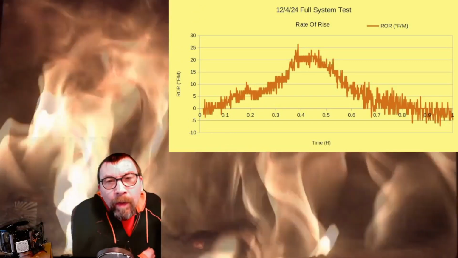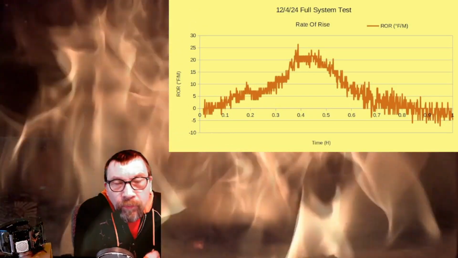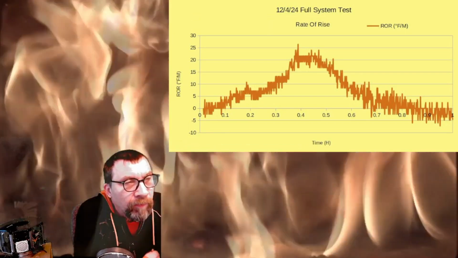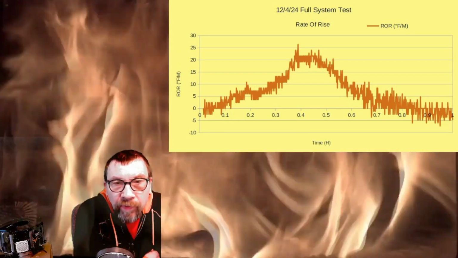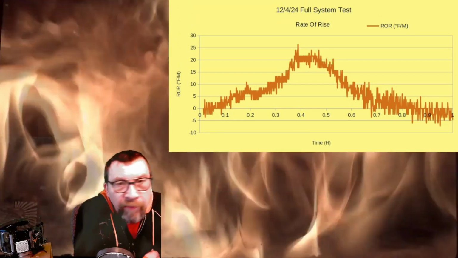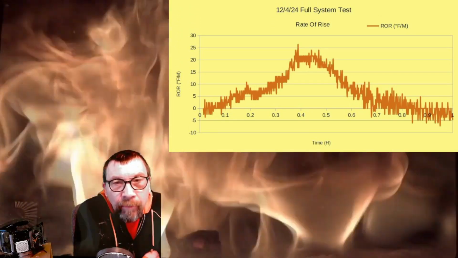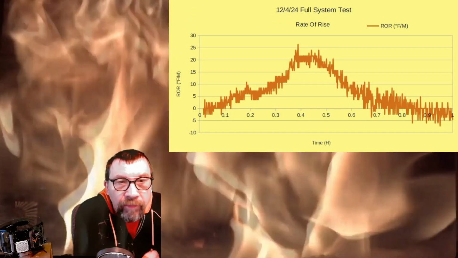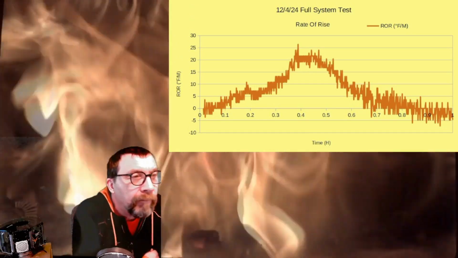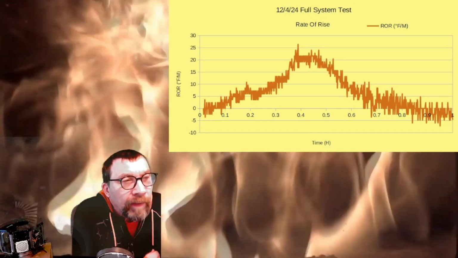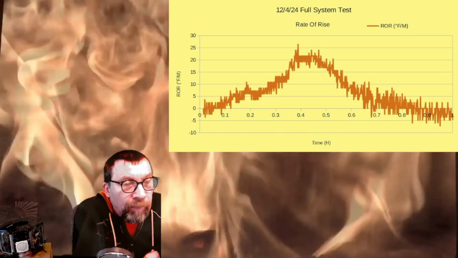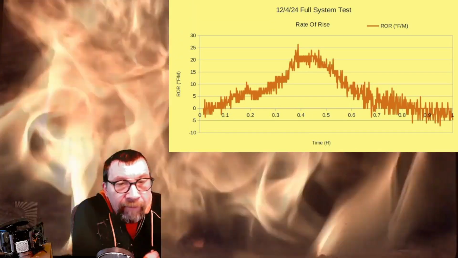The ROR chart is used when I want to see how the system is responding to the combustion air that I'm giving it. I'm giving it a certain pattern of combustion air, and I want to see that the stove is responding correctly. We have a rate of rise up to 20 degrees per minute in the first half hour.